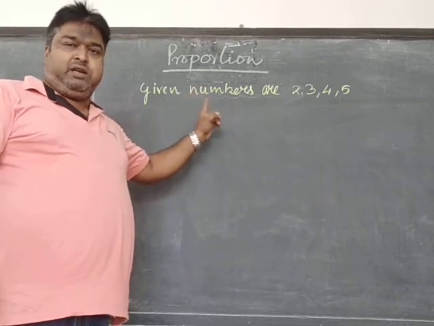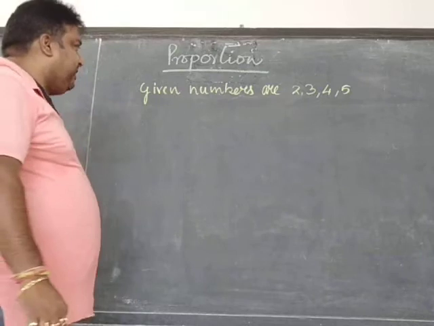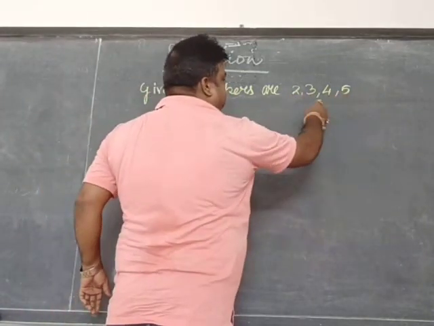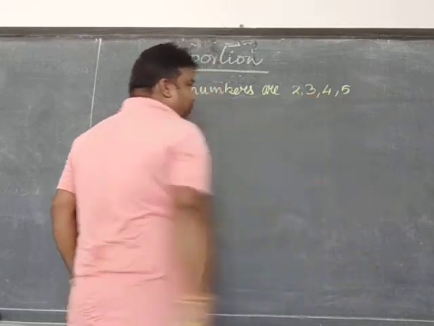So that part we have to check here. Here extremes are 2 and 5 and means are 3 and 4.